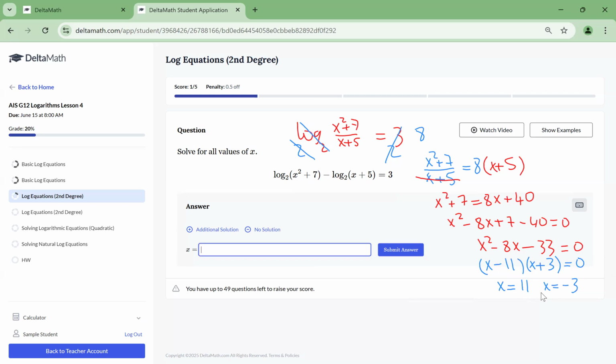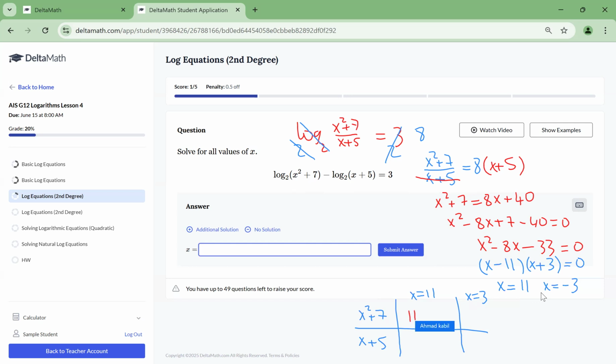So we can use the table to check for these values. We have x squared plus 7, and we have x plus 5. You want to check for x equals 11, x equals negative 3. You don't really have to compute the values. You can do it by eye.